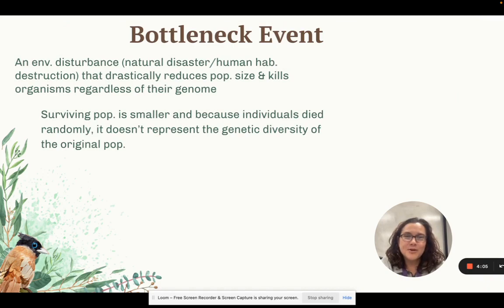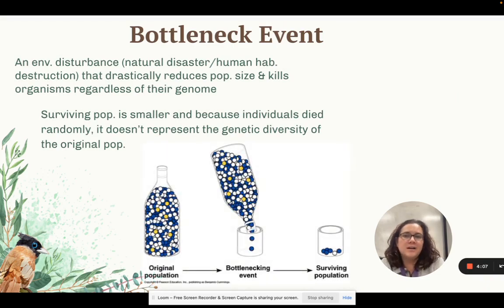Sometimes, though, we have what are called bottleneck events, right? So we get an original population, something happens that drastically reduces their number. It's going to kill a whole bunch of them. The surviving population is pretty small, right? So we're going to assume that whatever kills these is doing it indiscriminately, like it's killing everything evenly.